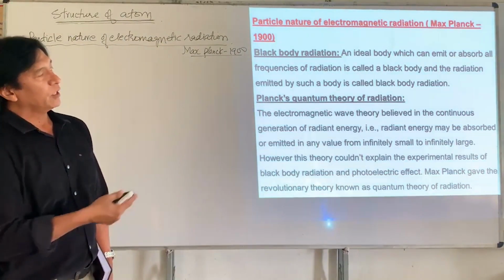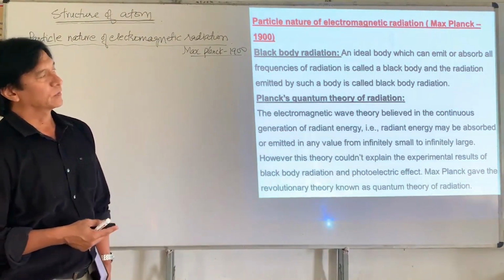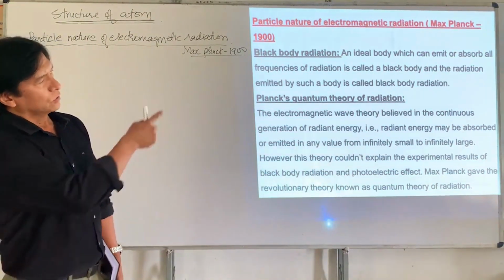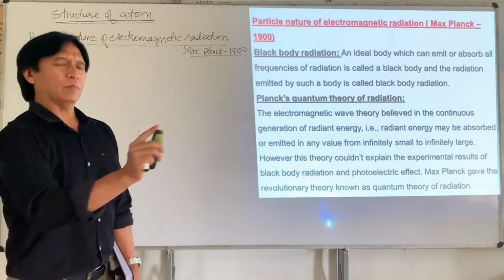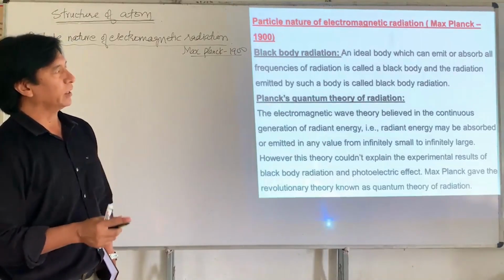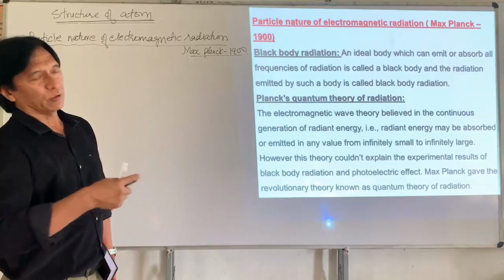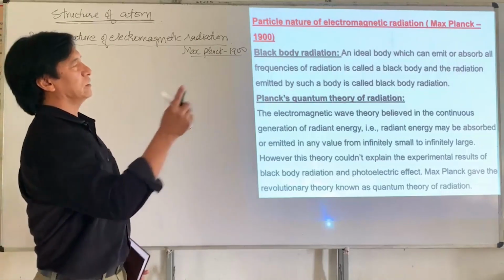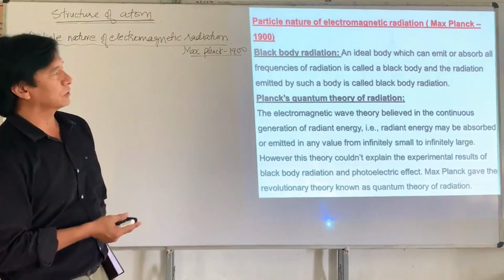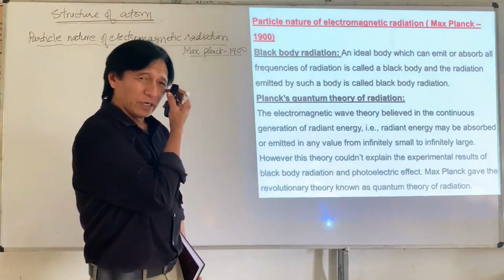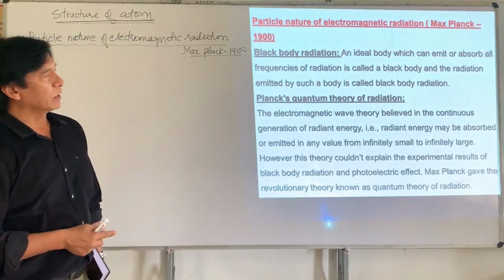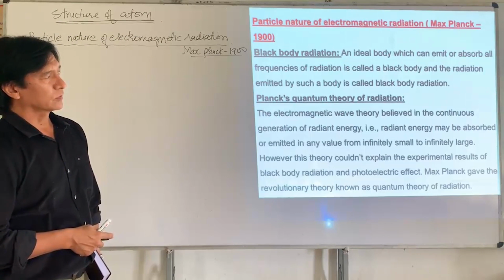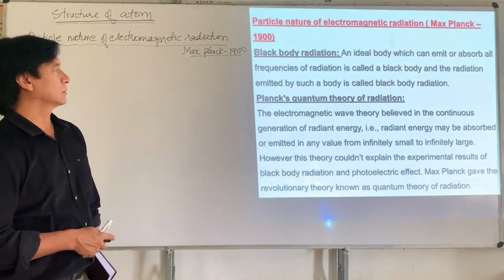And the radiation emitted by such a body is called black body radiation. It is actually an ideal body, a perfect body. So an ideal body which can emit or absorb all frequencies or all wavelengths of radiation is called a black body, and the radiation emitted by such a body is called black body radiation.